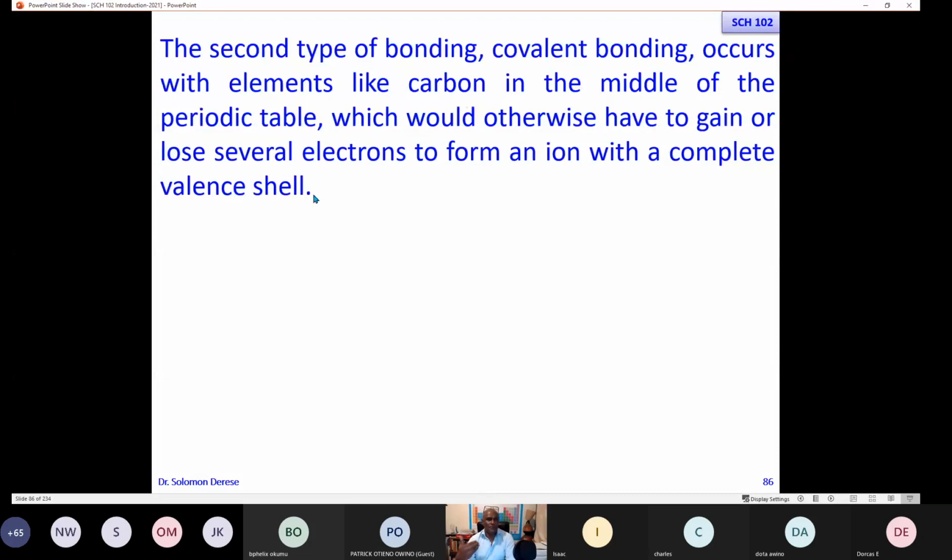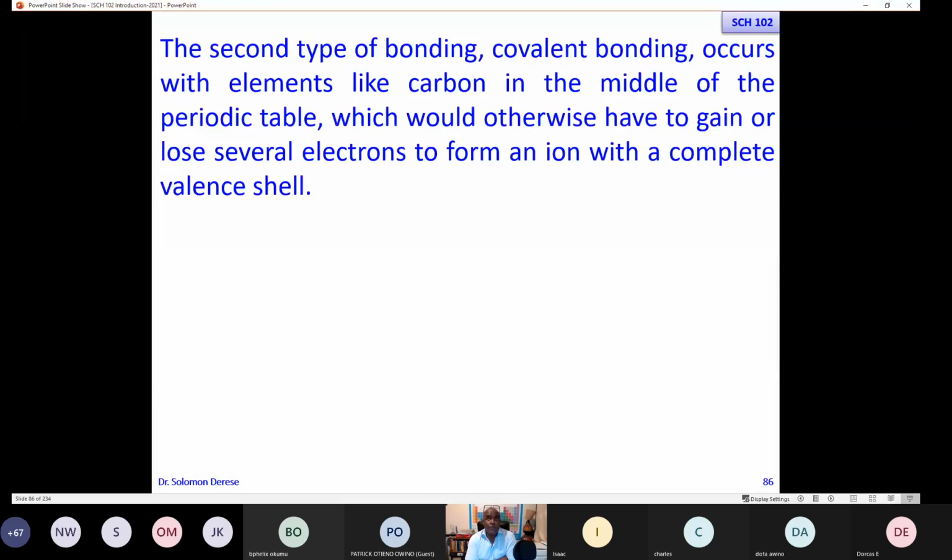For example, if you take carbon, it has 4 electrons in its valence shell. The electron configuration of carbon is 2,4. So if carbon wants to have the electron configuration of helium, where there are only 2 electrons, the carbon has to lose 4 electrons.